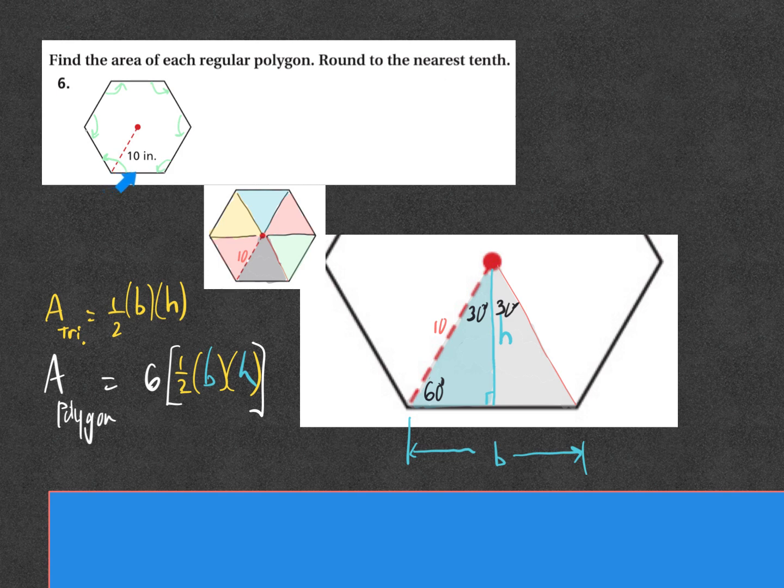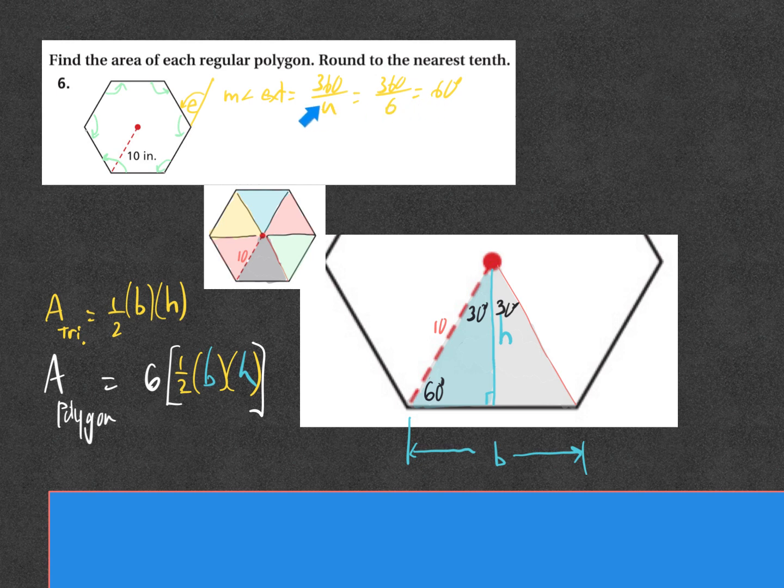Another option you have for figuring out the measure of these angles is to focus on the interior angles. If this polygon has 6 sides, then there will be 6 congruent angles. So do you remember how to find the measure of the interior angle of a regular polygon? Well, one way to find the measure of each interior is to first find the measure of each exterior, because that's always just 360 divided by the number of sides.